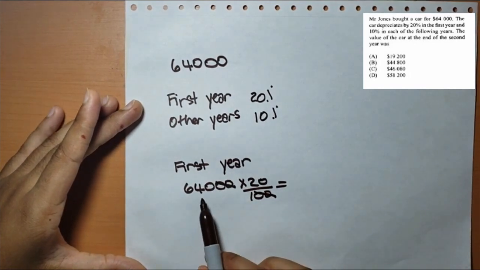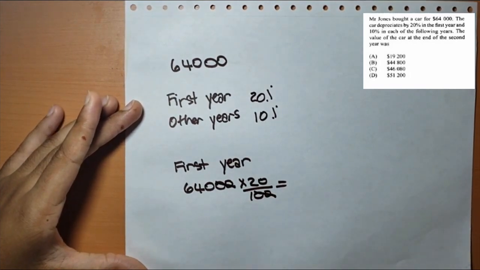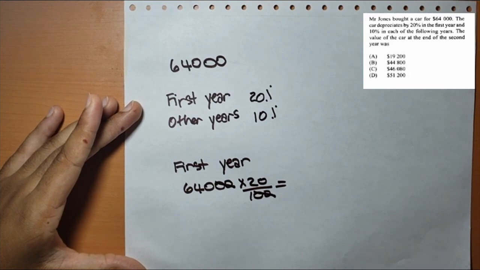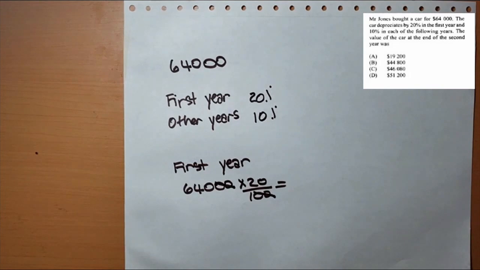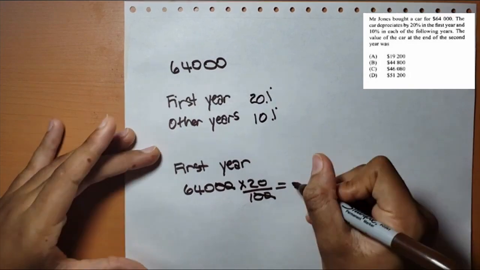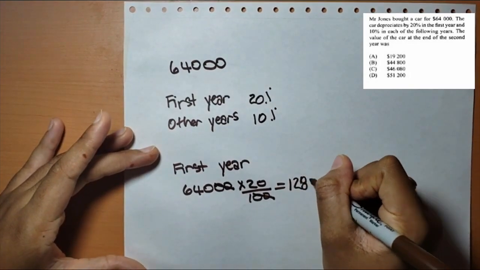So 640 times 20. So I would do 640 times 10. That would be 6,400. Plus, you do that 2 times. So 6,400 times 2. That would be 12,800.